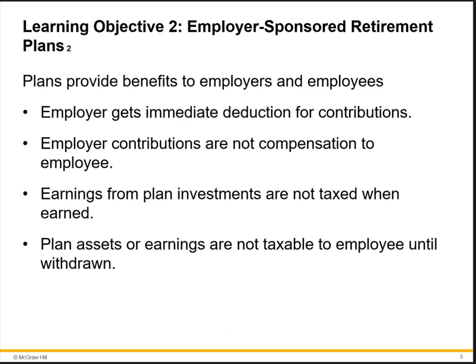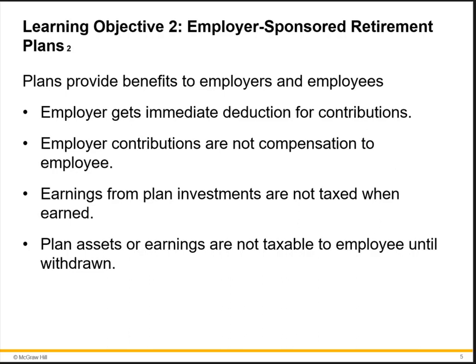So, an employer-sponsored retirement plan. This requires an employer to be involved. There's a benefit to the employer, they get a deduction, and to employees. Anything the employer puts into the plan is a deduction right now, even though it is not income to the employee.